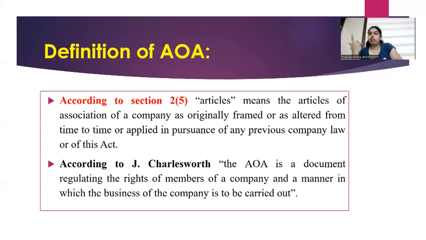Number one, it regulates the rights of members of the company. Members of the company include shareholders, directors, your employees of the company, your external resources. All of those come under members of the company, and it also regulates the manner in which the business of the company is to be carried out.